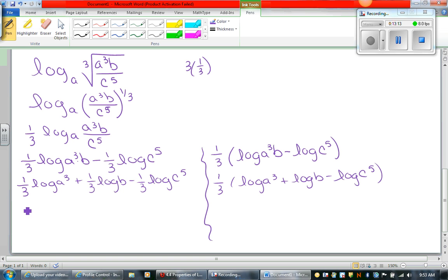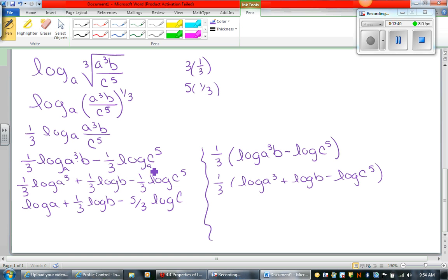So this simply becomes log of A plus 1/3 log of B minus, same thing here, 5 times 1/3, which is 5/3 log of C. I seem to have lost my A's along the way, haven't I?